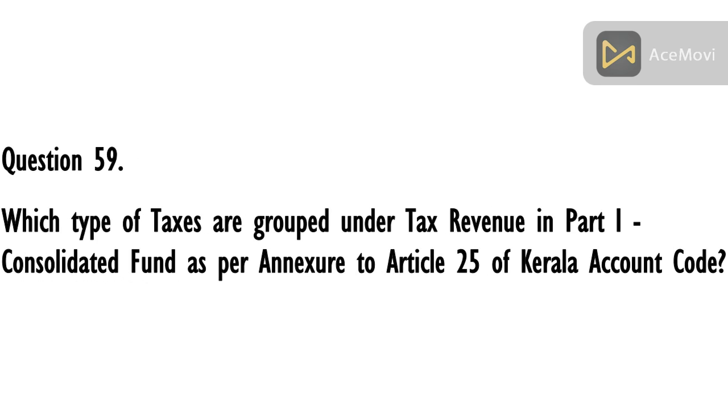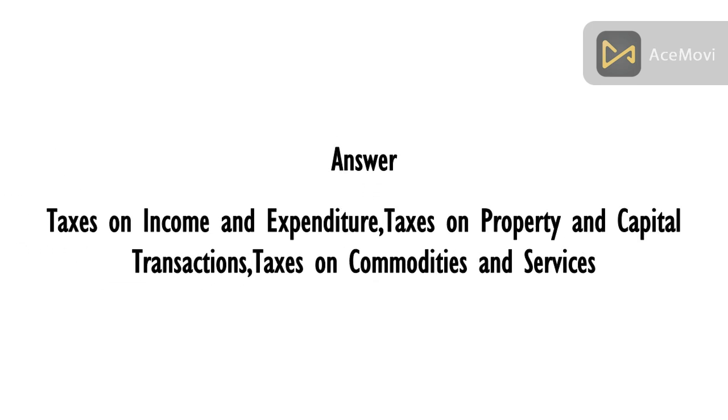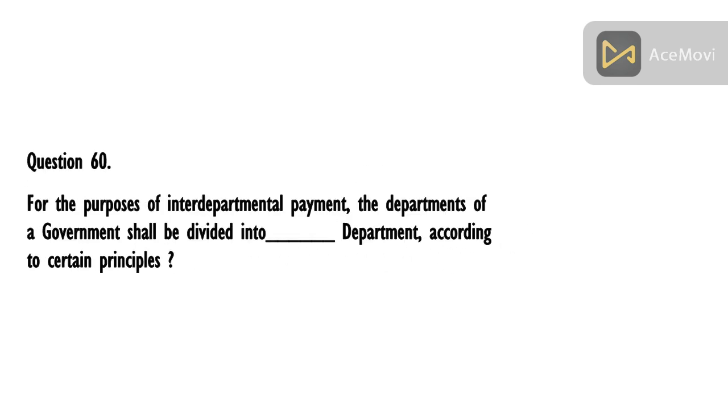Question 59. Which type of taxes are grouped under tax revenue in Part 1, Consolidated Fund, as per annexure to Article 25 of Kerala Account Code? Answer: taxes on income and expenditure, taxes on property and capital transactions, taxes on commodities and services. Question 60.